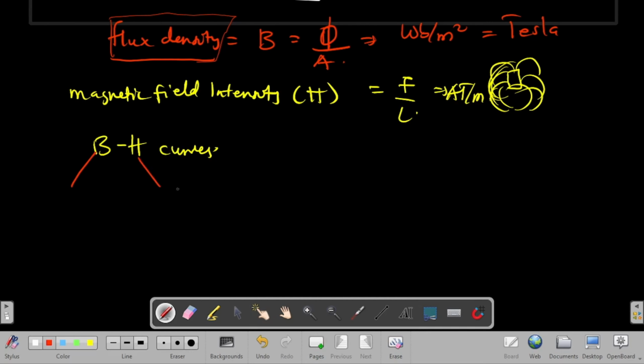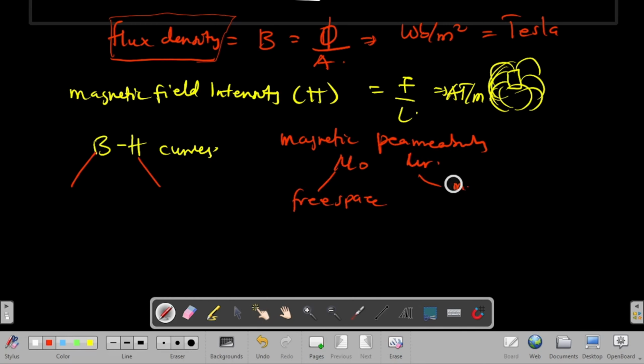For us to understand this relationship, we have what we call magnetic permeability, which is represented as mu. So mu here, we can have mu naught or mu r. Mu naught is the magnetic permeability of free space, and mu r is of a medium.